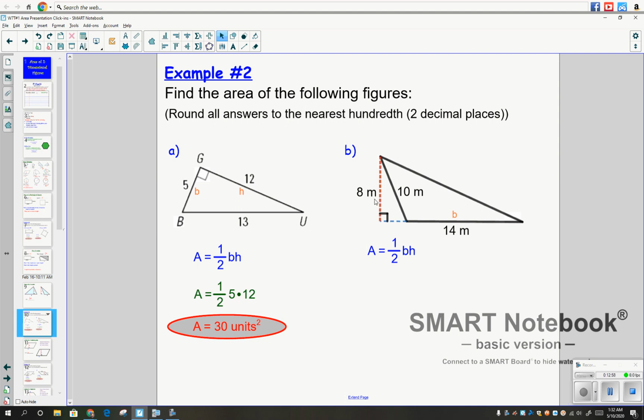It's the altitude. And since the triangle is obtuse, I do have to extend it out to get the height. 8 is going to serve as my height here. So I have 1/2 times the base, which is 14, times 8.